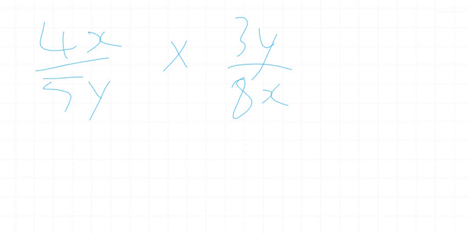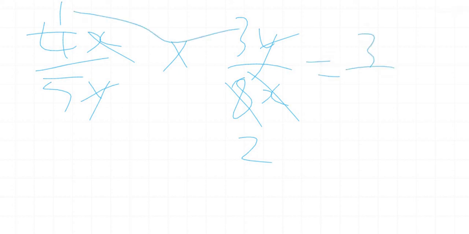Now we could say x cancels x, and 4 into 4 goes 1 time, 4 into 8 goes 2 times. We can't cancel any further. We could say y cancels y, and then we will be left with 1 times 3 divided by 5 times 2, which is 10. Or we could do it the other way.